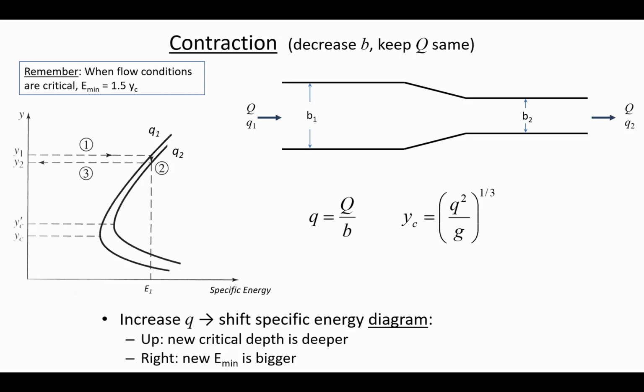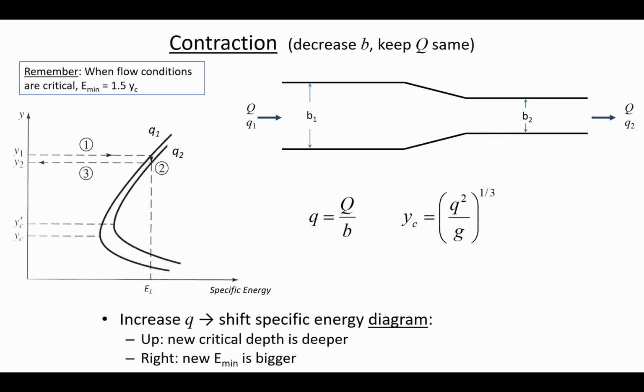If conditions are subcritical, what the specific energy diagram analysis tells us is that actually the depth downstream, the depth at location 2, is going to decrease as a result of this change. So we're going to put that to the test. We're going to work an example today where we look at a contracting channel and we'll calculate the new depth with a specific energy diagram. So this is a contraction. We can do the same kind of thing with an expansion.